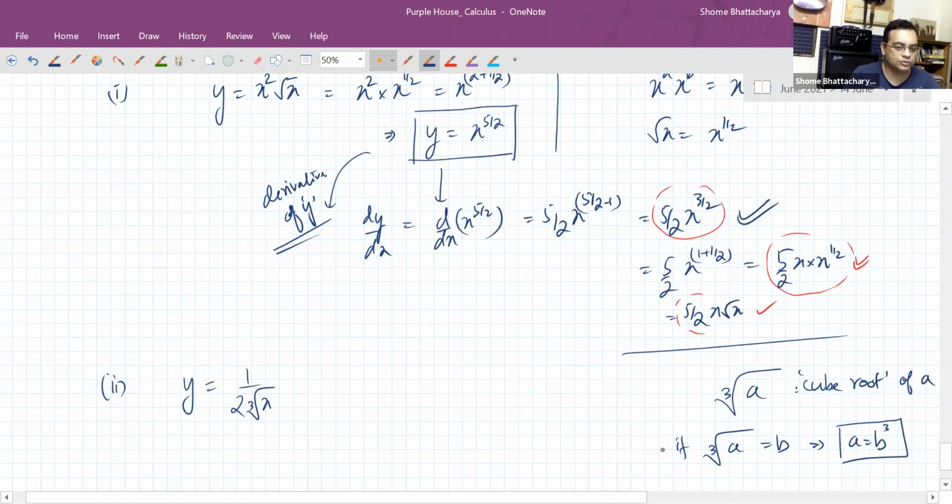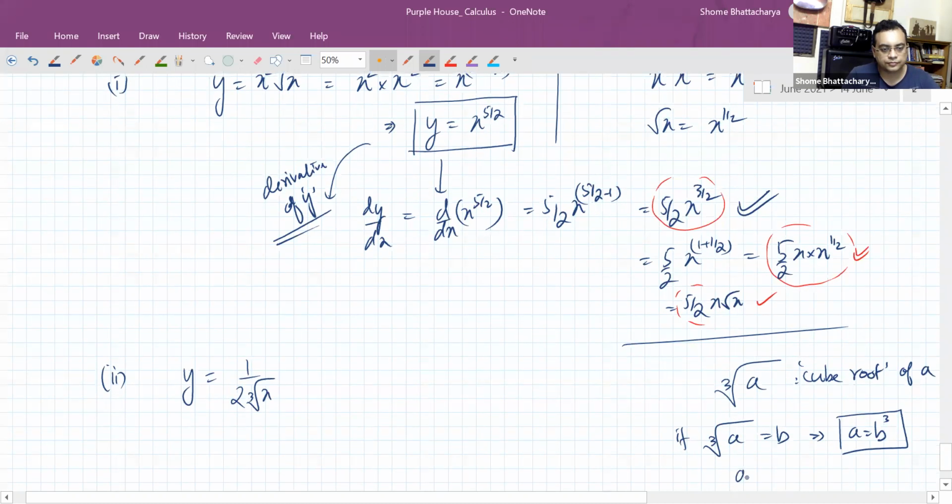So alternately, this also means that y is equal to 1 by 2 into 1 by x to the power 1 by 3. So we have to interpret y this way, that y is x to the power minus 1 by 3 divided by 2.